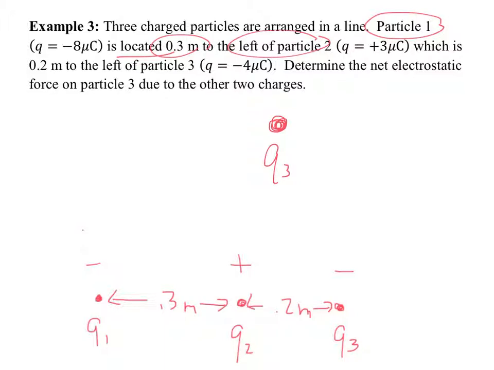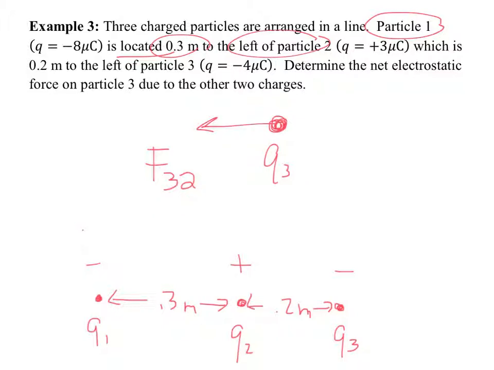So again, particle 2 is on the opposite side of particle 3, so these are going to want to pull toward each other. So particle 3 literally feels a pull to the left. So draw an arrow to the left from Q3. It's pulled by a force on particle 3 from particle 2, here's my subscripts.